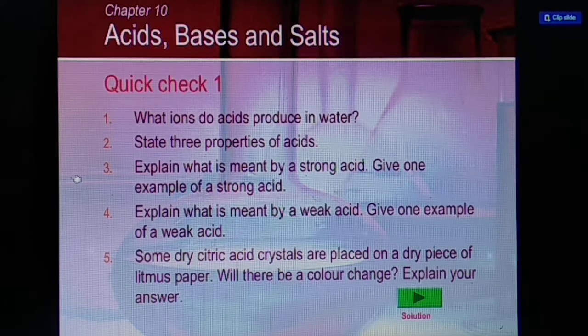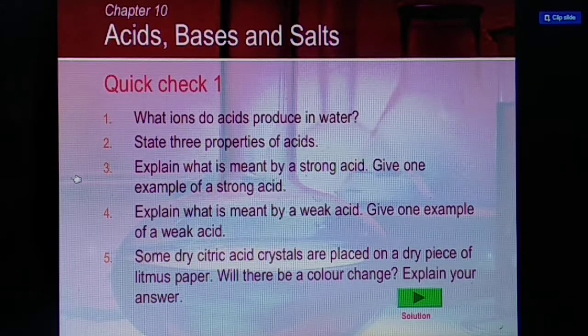Again, tell me 3 properties of acids. Acids when reacting with base form a salt. Explain what is meant by a strong acid. Give an example. Explain what is meant by a weak acid. Give one example. Some dry citric acid crystals are placed on a dry piece of litmus paper.